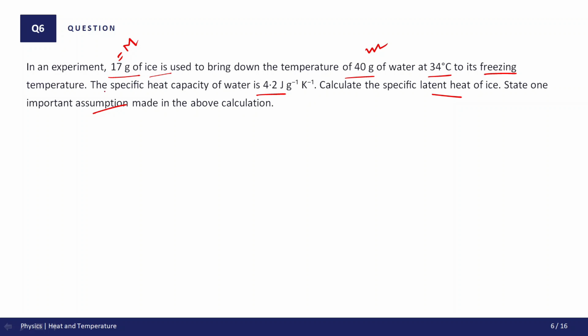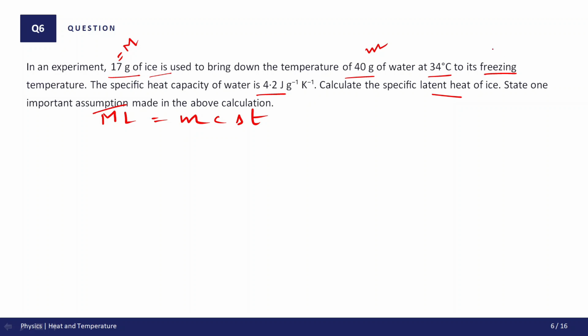We have an equation to find it: ML equal to mc delta T, where capital M is the mass of the ice, small m is the mass of the hot water, c is the specific heat capacity, L is the latent heat, and delta T is the change of temperature.